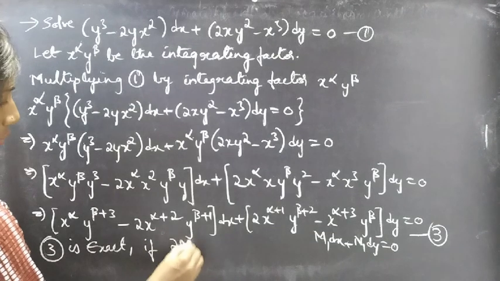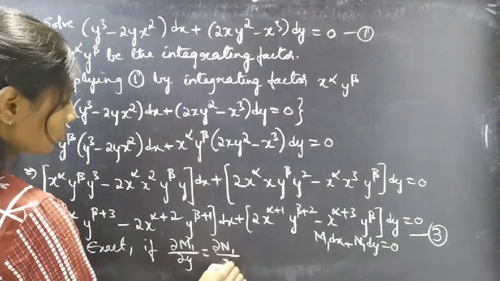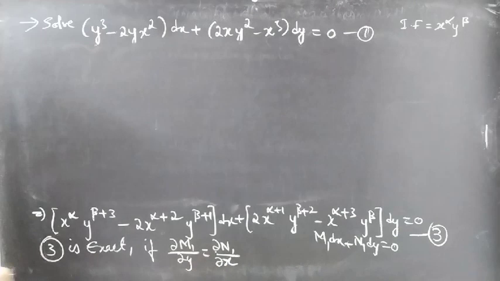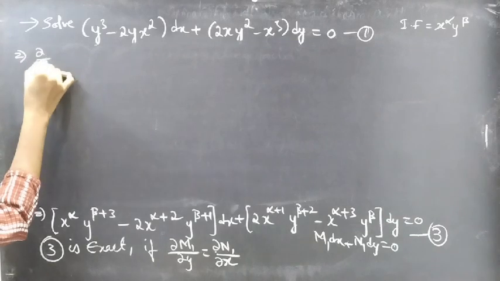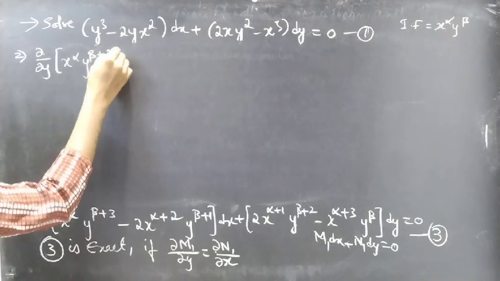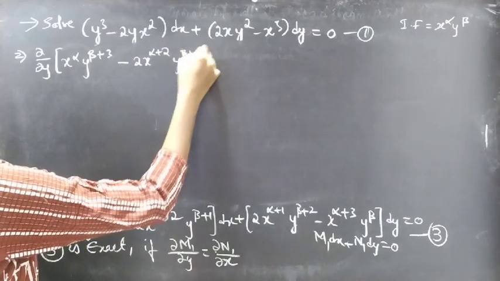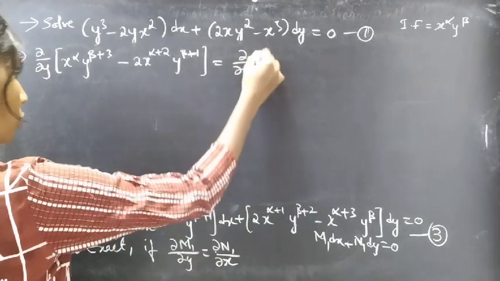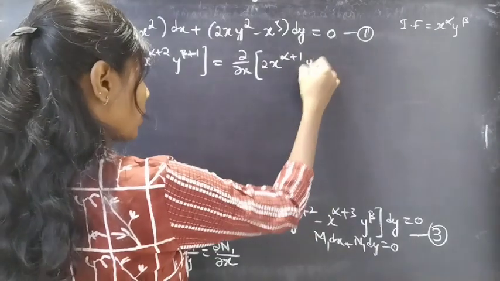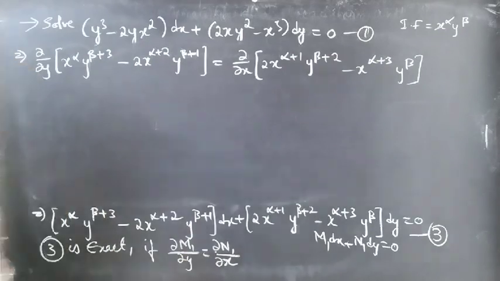If the partial derivative of M1 with respect to y equals the partial derivative of N1 with respect to x, then ∂/∂y of M1, x^α y^(β+3) − 2x^(α+2) y^(β+1), equals ∂/∂x of N1, 2x^(α+1) y^(β+2) − x^(α+3) y^β, right?